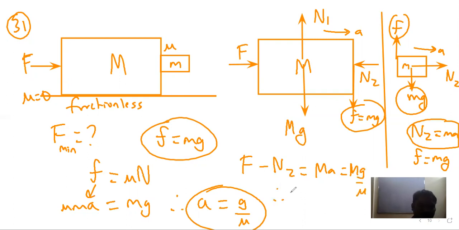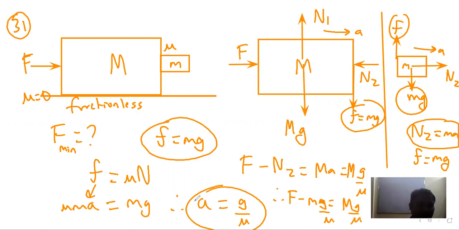If I substitute the value of N2, which in this case is small m into A, capital F minus small m into A is equal to capital M into A. So A we can substitute as g by mu.